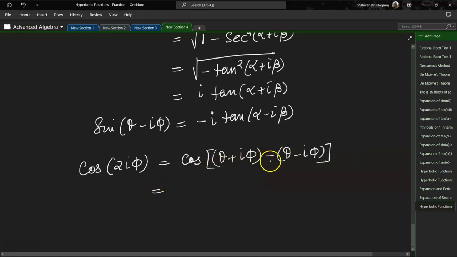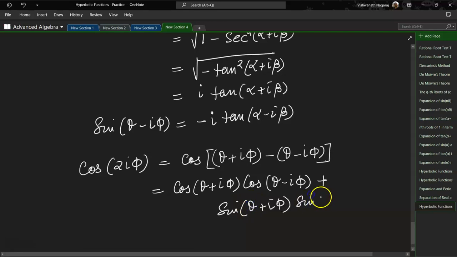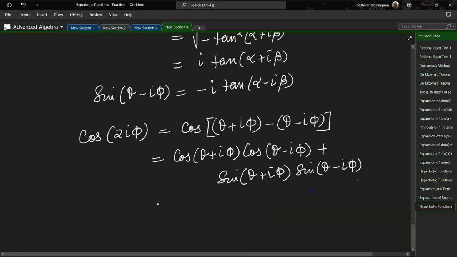Now cos of A minus B, we know the identity: cos A cos B plus sine A sine B. Okay. So we have got this. Now let's do the substitutions here in terms of alpha. So cos of theta plus I phi is what?